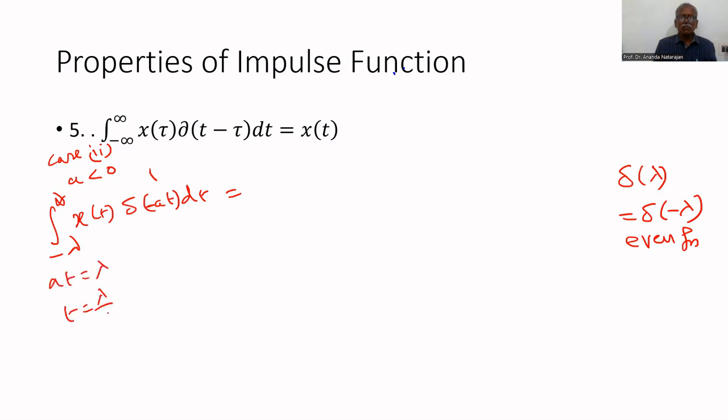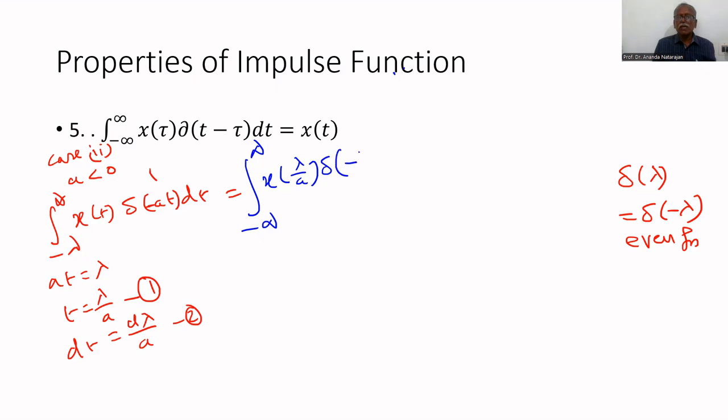Therefore, t equals lambda by a, that is 1. Therefore, dt equals d lambda divided by a, that is 2. If you substitute all this here, what you will get is the integral from minus infinity to plus infinity of x(lambda by a) δ(minus lambda) with dt equal to d lambda divided by a.